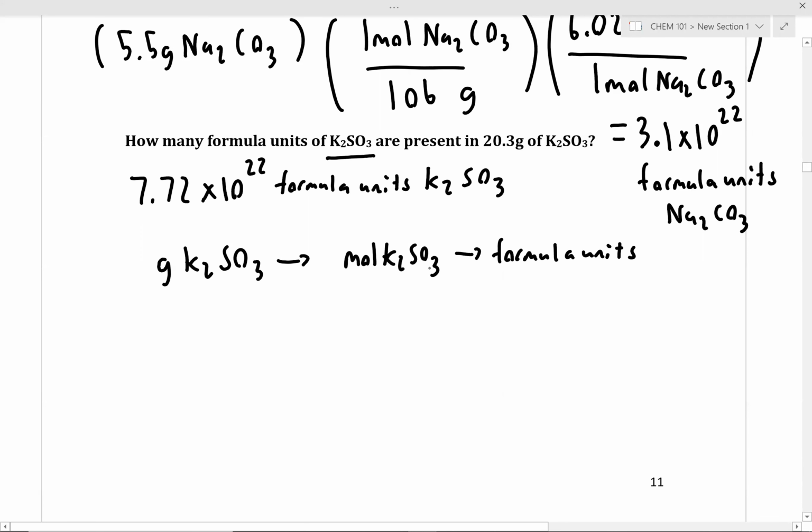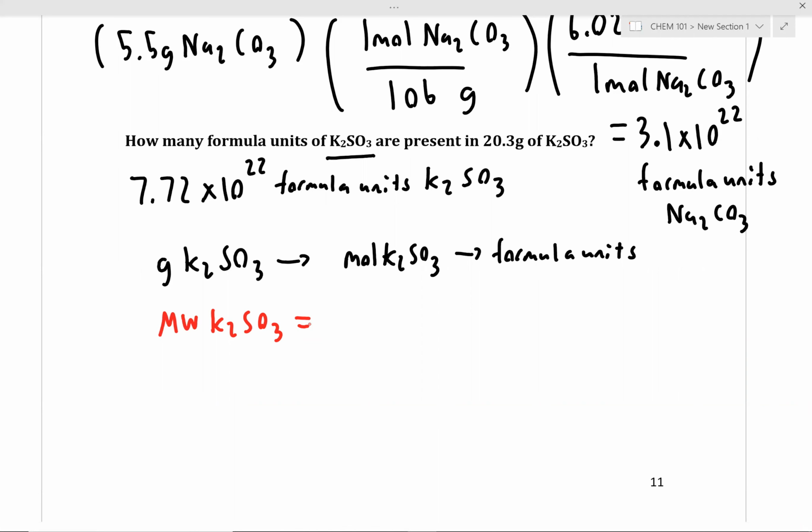With that established, we're now going to calculate the molar mass or molecular weight of potassium sulfite. Now, we know the atomic mass of potassium. So if you look in your periodic table, would you please be able to tell me the atomic mass of potassium? 39. Yep, about 39.1.